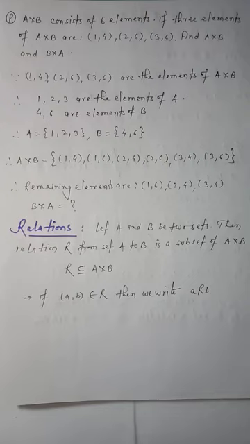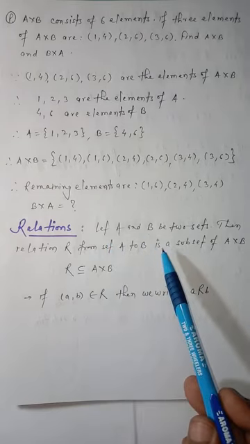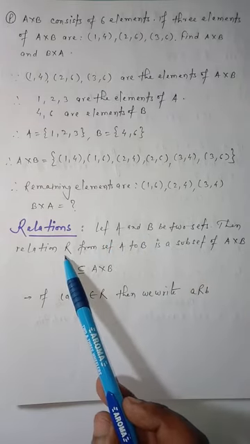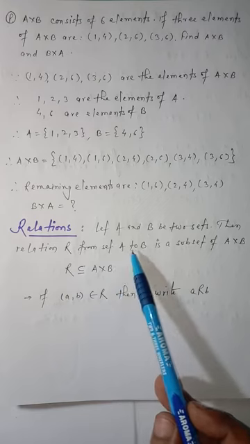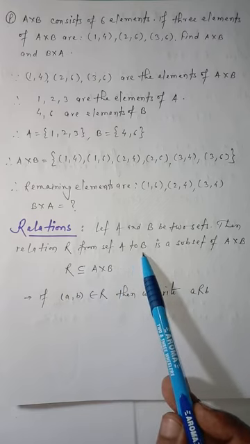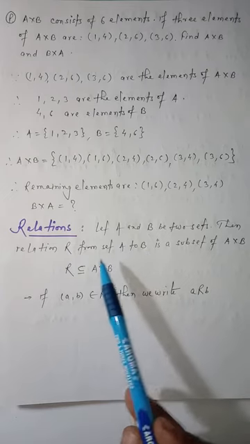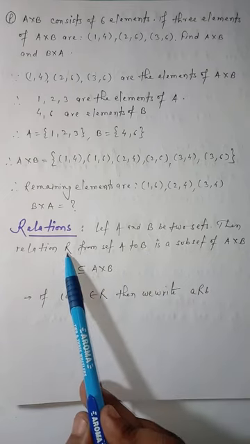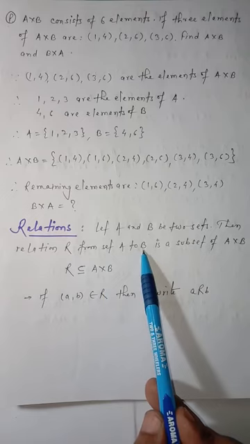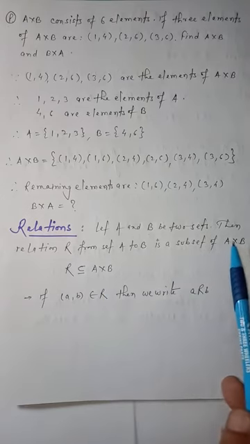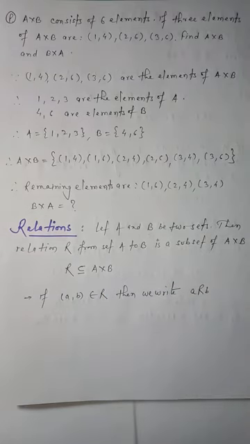So if there are two sets A and B, then a relation R from set A to B, and this is very important, this relation may also be from set B to A, is actually a subset of A cross B. This is a very important concept.